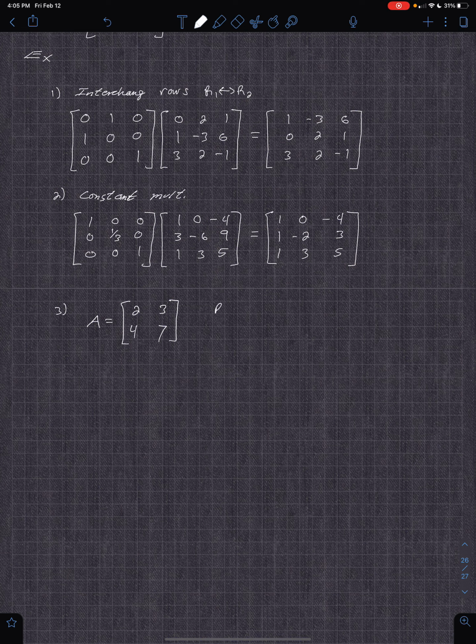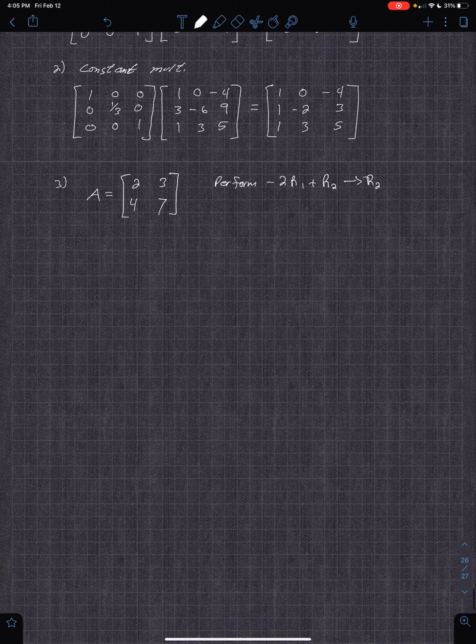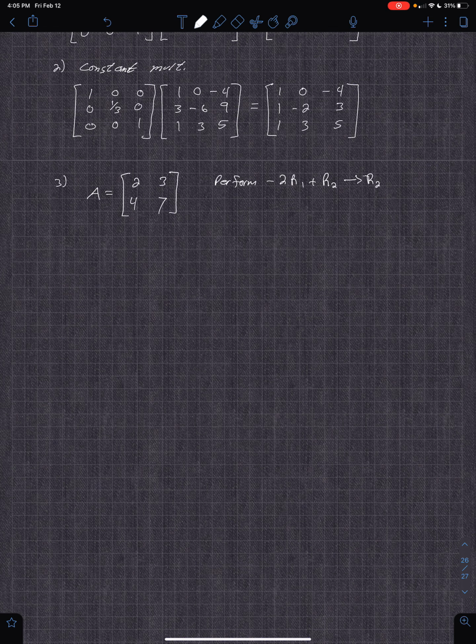And then we're going to perform negative 2 row 1 plus row 2, and then put it back in row 2 by matrix multiplication.